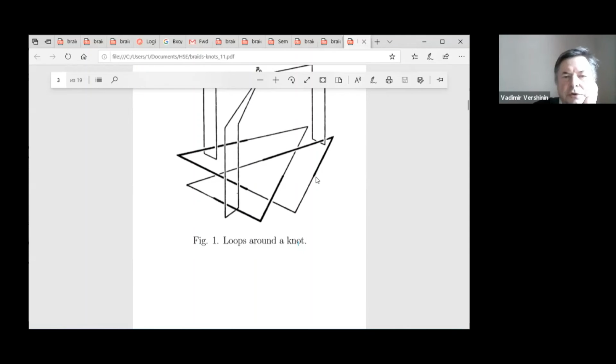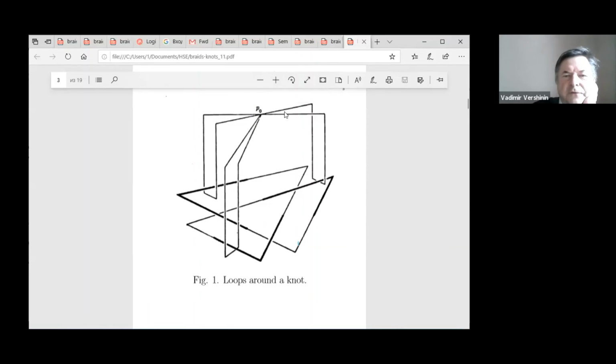So suppose that you have a loop going like this and returning to the same point pi 0. So we start with our point somewhere up above our plane, and suppose that your diagram of a knot is on your desk, on your table, and the arcs Ai are going over the table. The Bi are under the table.